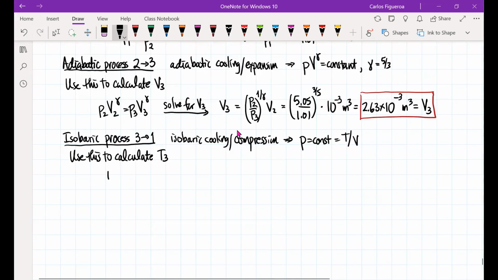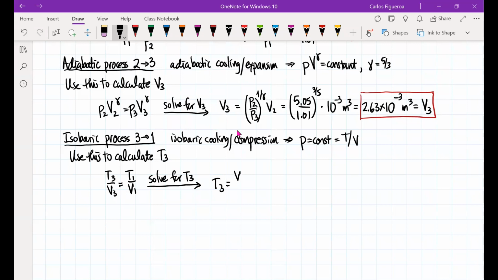Well, this tells me that T3 over V3 and T1 over V1 are equal, which will now allow me to solve for T3. So solving for T3, I then have the ratio of volumes times temperature 1.